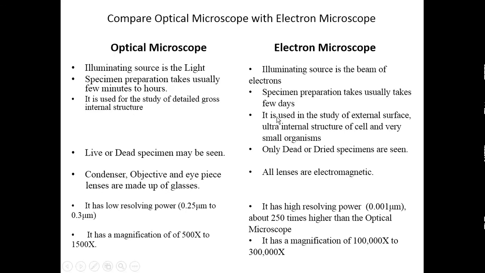Here, the electron microscope is used in the study of the external surface and the ultra internal structure of the cell and very small organisms. Usually this is in the nanometric range or atomic range. It is used for surface studies and also for the very deep internal structure of cells and small organisms.